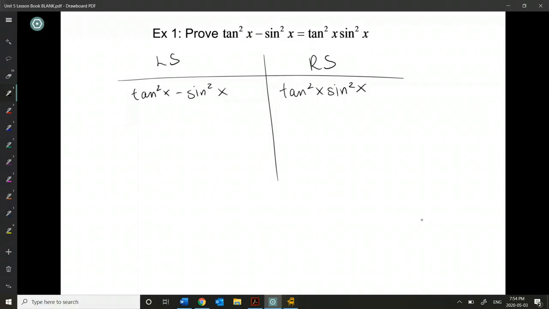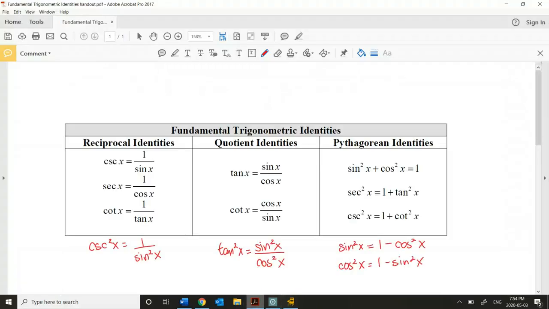Okay, if we look at our trig identity sheet, we have a tan squared and a sine squared here. So let's take a look. On one hand, we have tan equals sine over cos, and we talked about how we can square each side of that identity. So tan squared equals sine squared over cos squared. We also have this identity here.